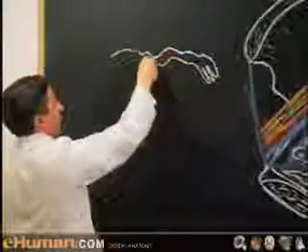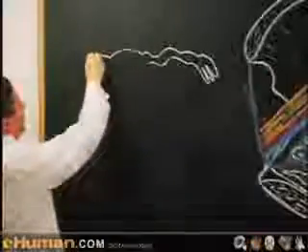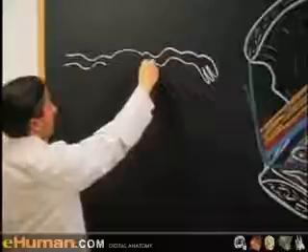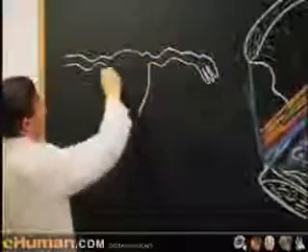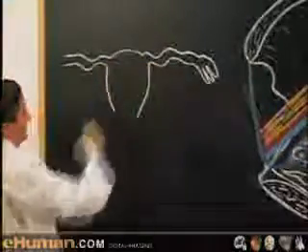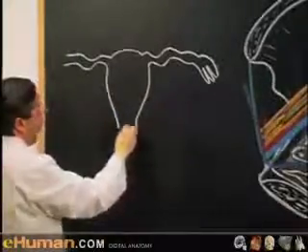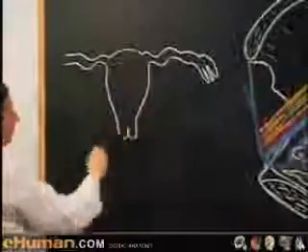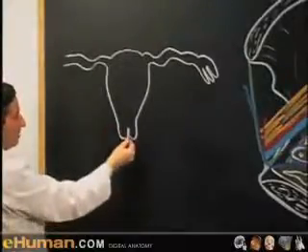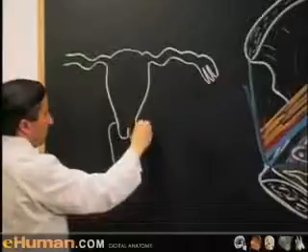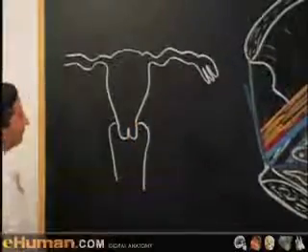So here's the uterine tube on this side and the uterine tube on the other side. And here's the lateral wall here of the body of the uterus, and then it narrows down to become the cervix with the cervical canal, the external os of the cervix, and then I'll just indicate the position of the vagina.